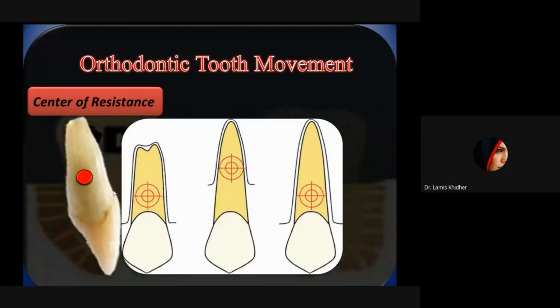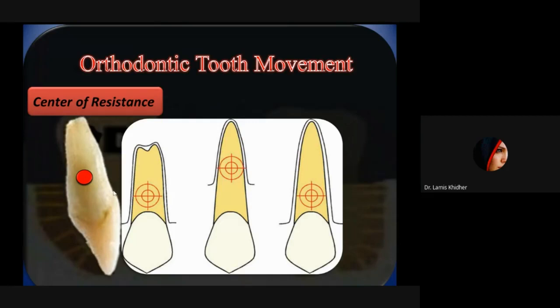In the second case, you can see it changes. It goes more apically. Why? Because the level of the alveolar bony crest has changed, and there is bone resorption here. So, as I mentioned previously, the center of resistance should be located at 1/3 or half the distance between the level of the crest and the apex of the root.